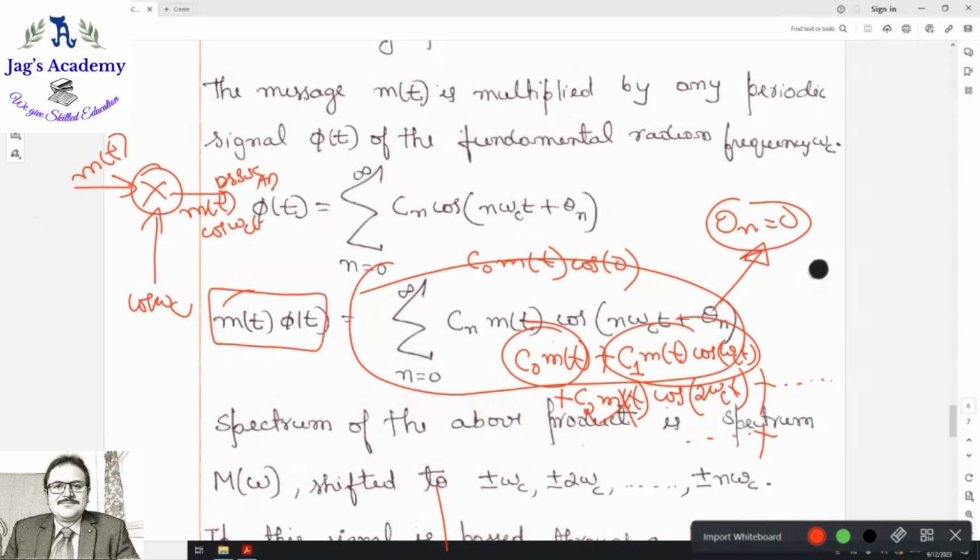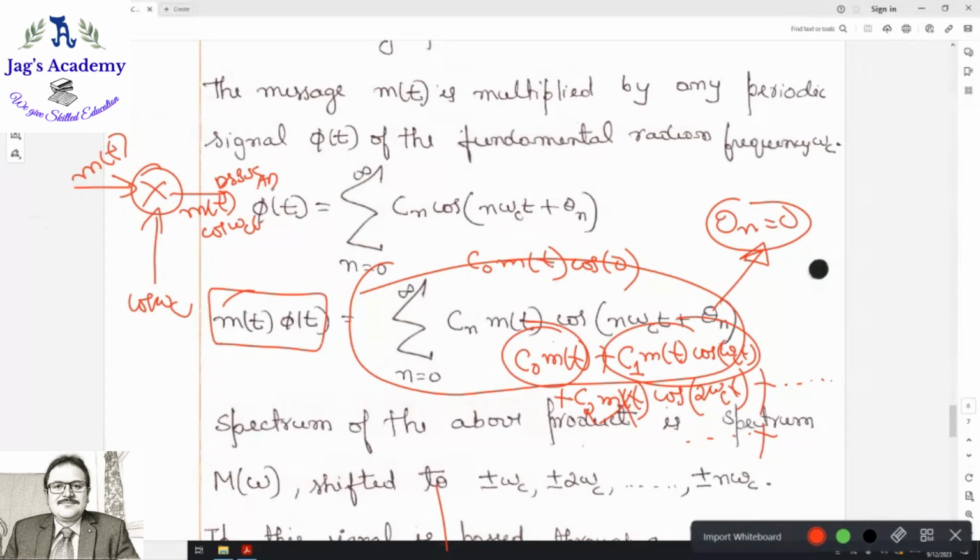I told you that using a switching modulator you can generate it. A switching modulator is nothing but you multiply your message signal with a periodic waveform phi of t of the fundamental radian frequency omega c. Now when you multiply this, using the Fourier series representation of the periodic signal, you get this equation, right?